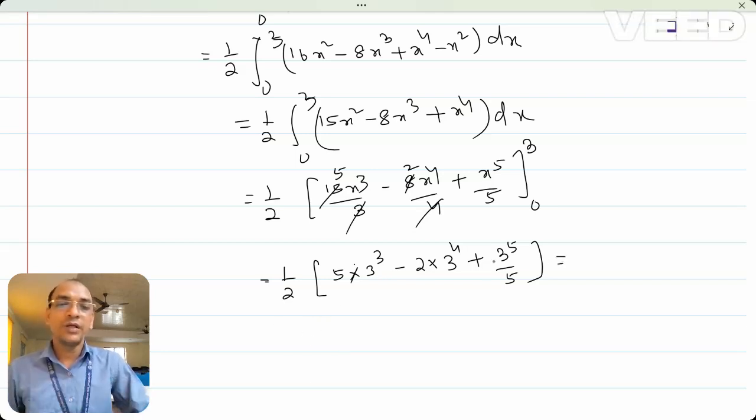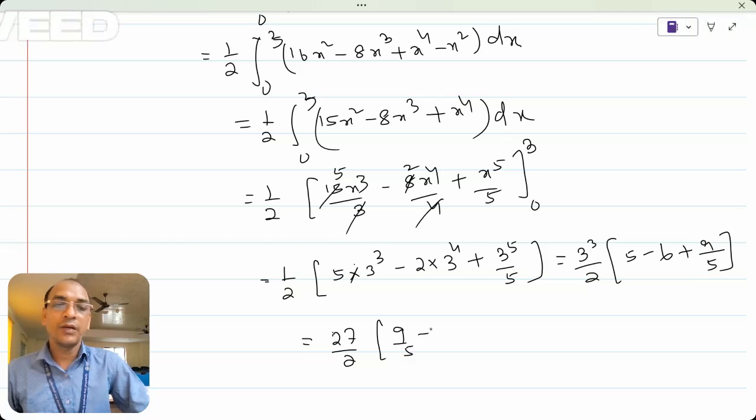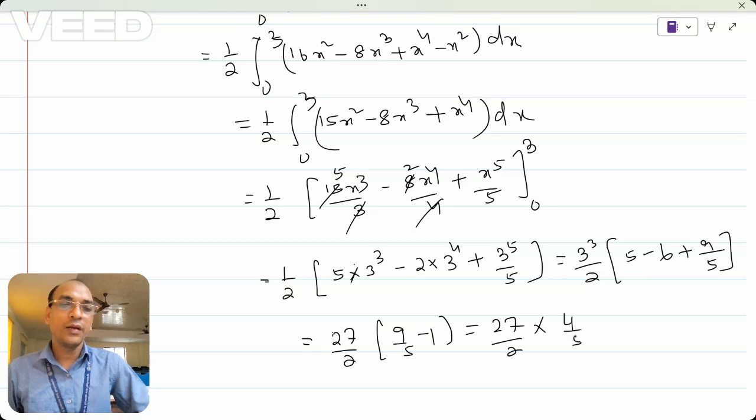So the maximum degree is 5 and the minimum degree is 3, so I can take 3 to the power 3 common divided by 2. Remaining thing is 5 minus 6 plus 9 by 5, and so that one will be 27 by 2, and this is 9 by 5 minus 1, and so 27 by 2 into 4 by 5.